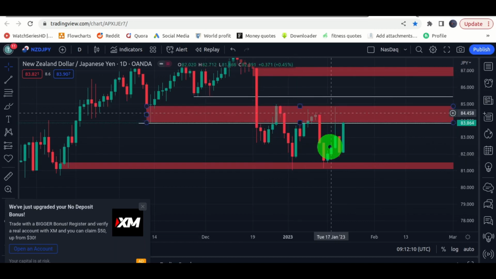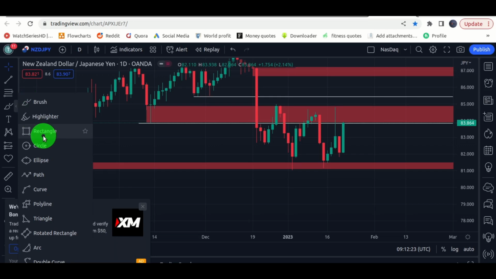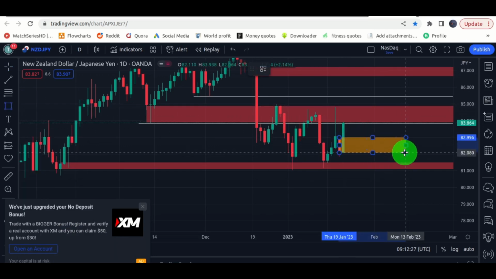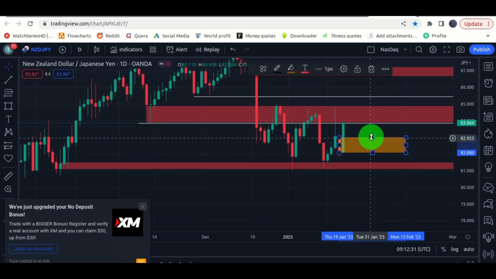It seems like it's ranging. It might go up to this high over here, then reverse, or it might come down straight away, test this order block here. So NZD JPY, for you guys who are trading this, you'll just have to wait and see.